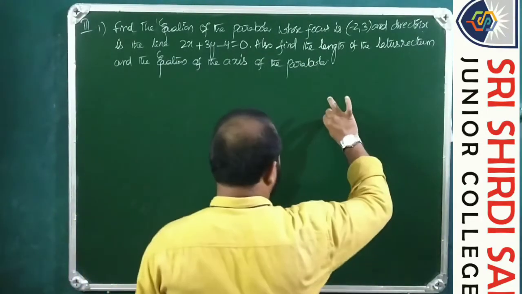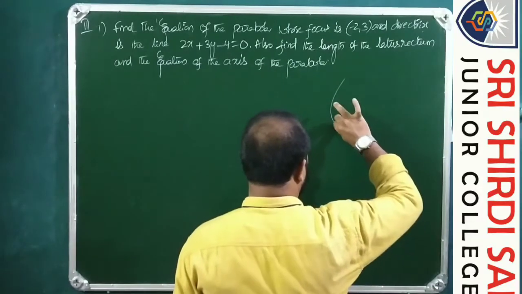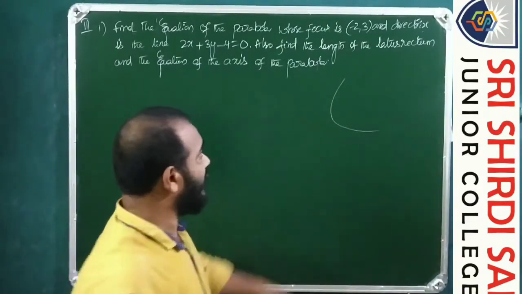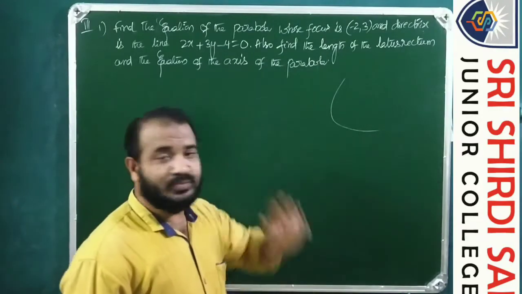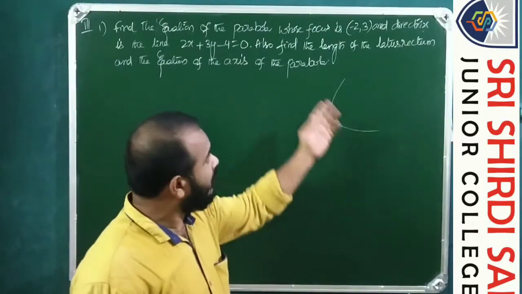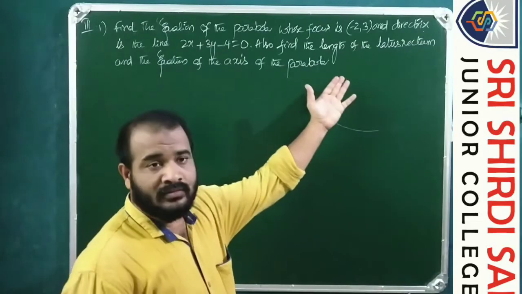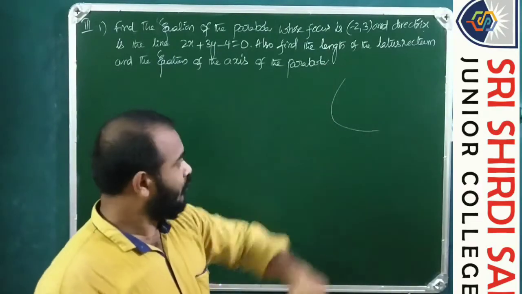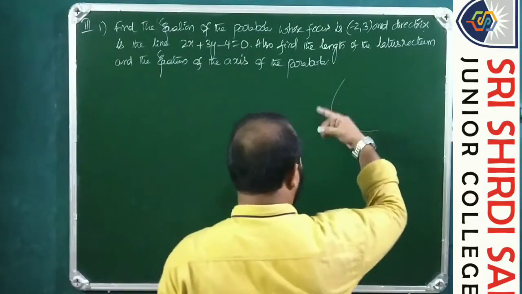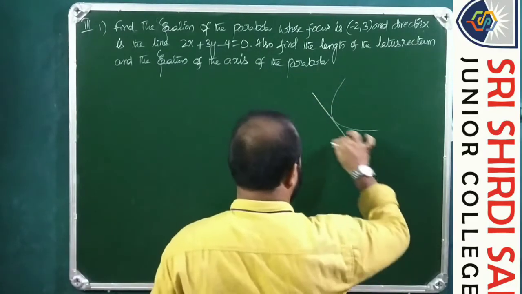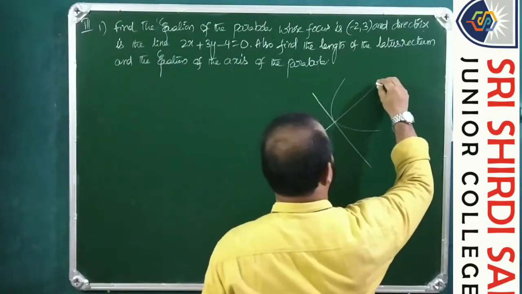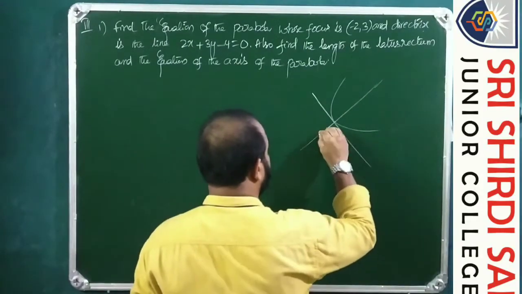So the situation is somewhat like this. Since we don't know whether the axis is symmetric about the x-axis or y-axis, nothing has been mentioned in the given information. So this parabola, for example, I have taken, and this is my principal axis.